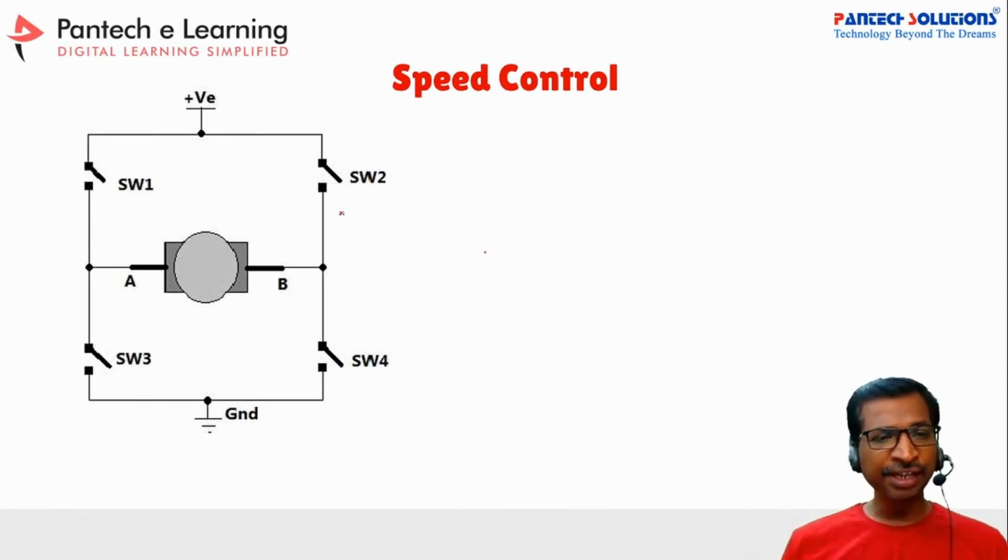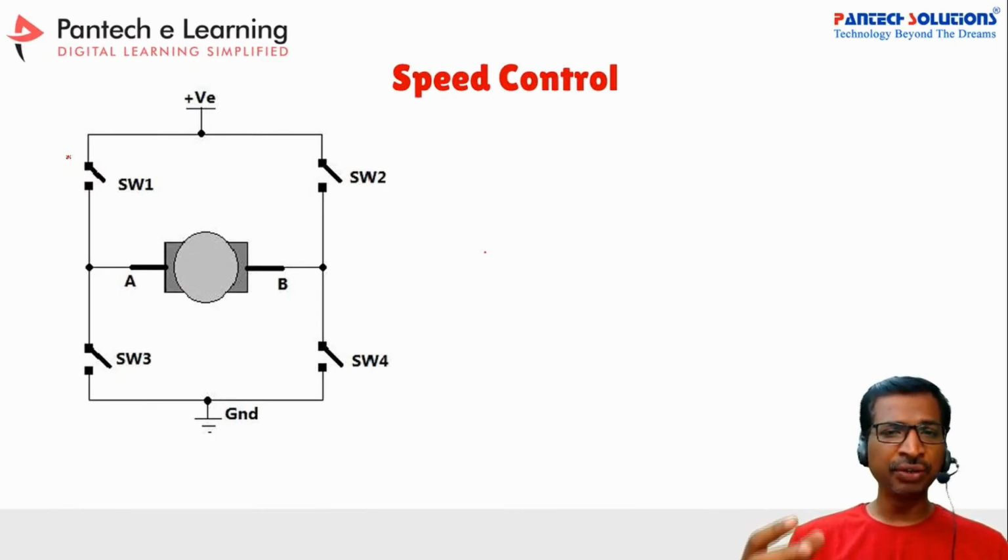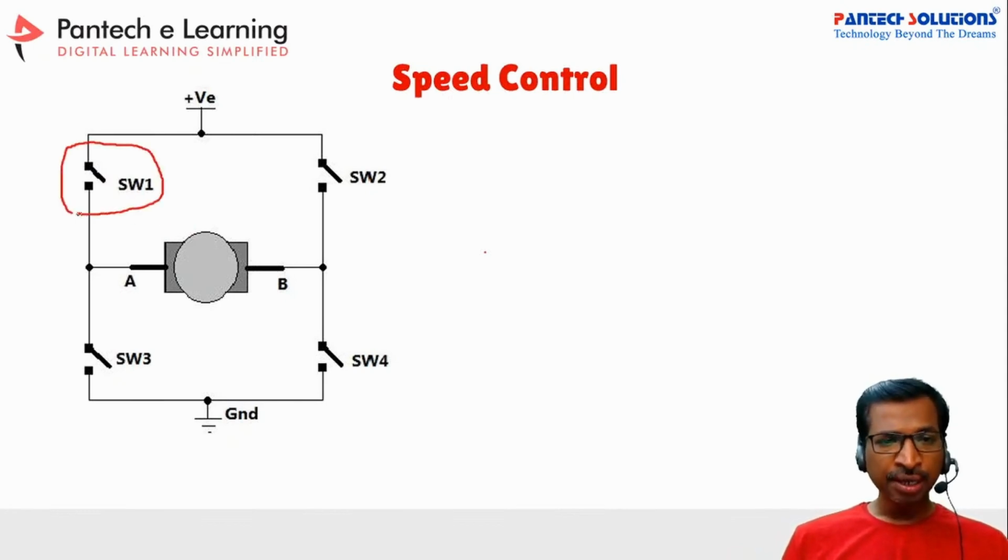So in that case, we need 4 MOSFETs. Similar to SCR or triac, we are going to use similar switches here, either IGBT or MOSFET. Based on the power level, you can choose the device. In this application, we are going to choose 4 MOSFETs: switch 1, switch 2, switch 3, switch 4.